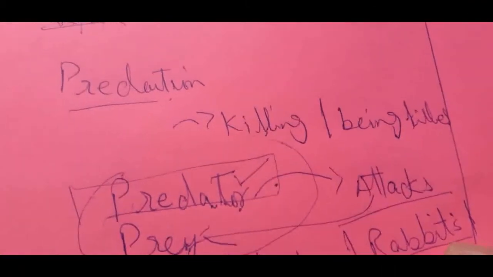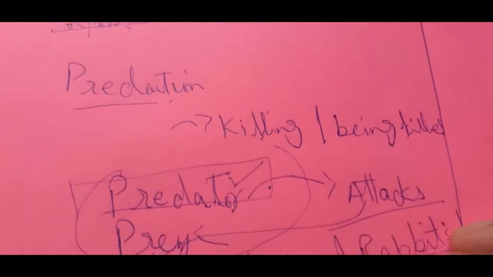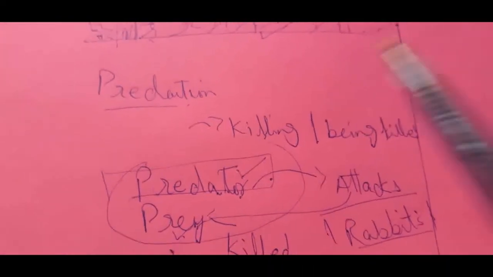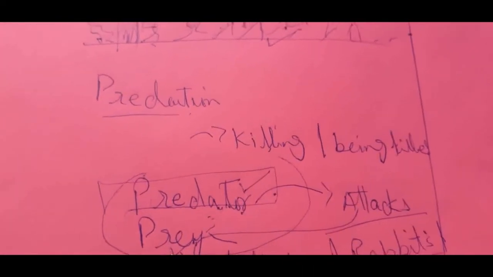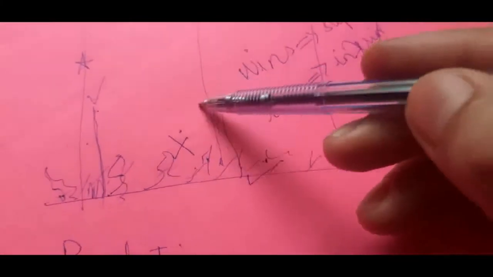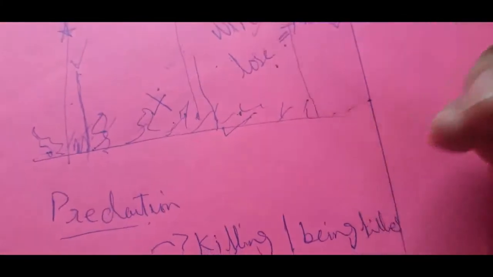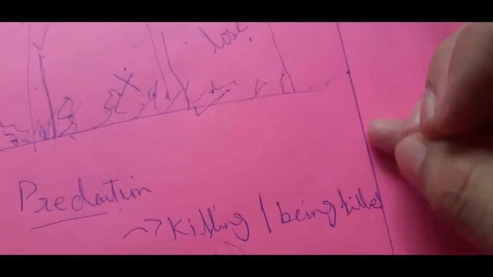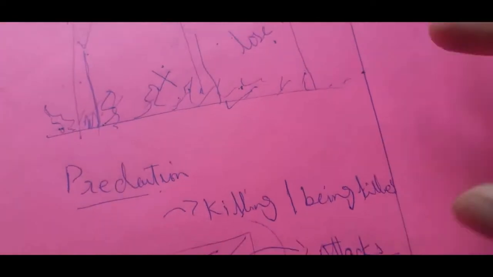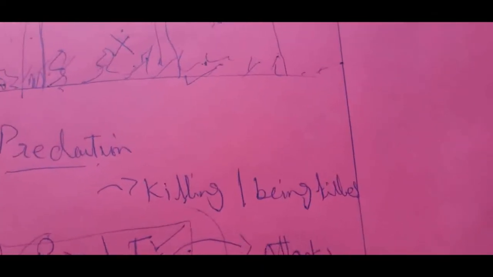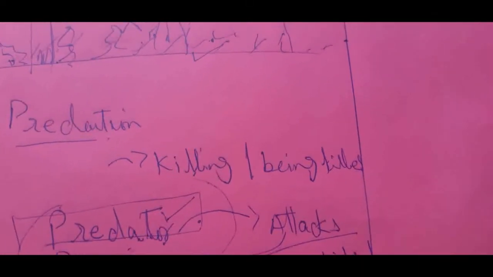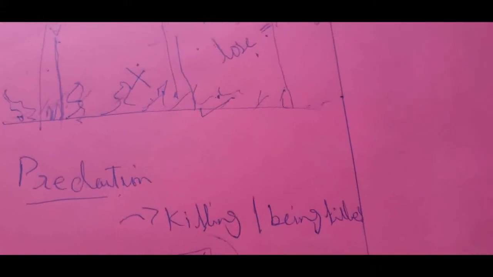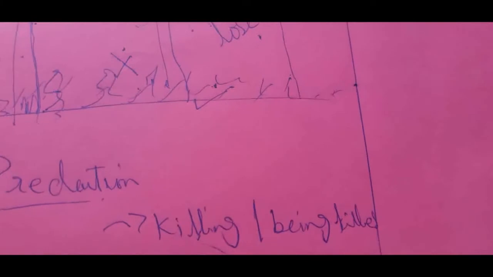Then they introduced predators and these rabbits were killed by them. So that is the case, that all these things, predator, prey, intraspecific competition, are required to run a stable ecological process.